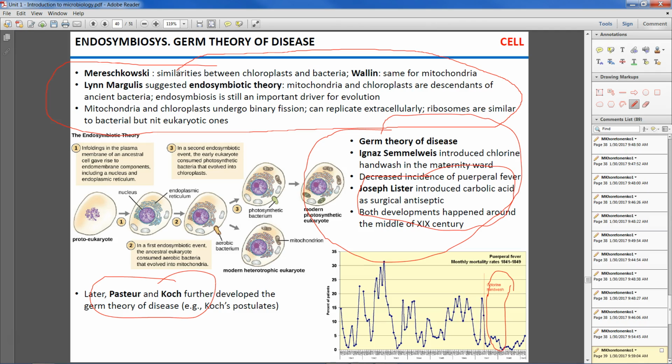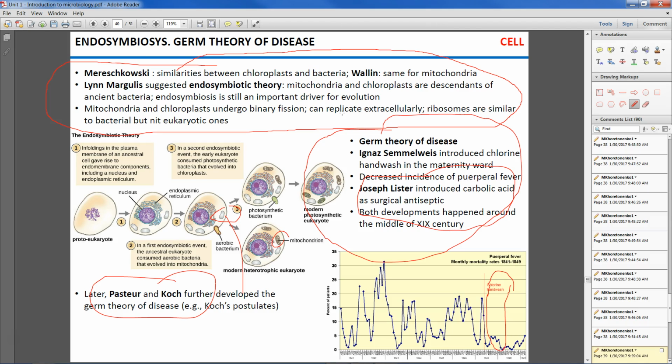But the eukaryotic cell in its modern shape, with organelles such as mitochondria and chloroplast, was a result of endosymbiosis. Endo means inside, symbiosis, living together, right? So something that lives together while being inside.